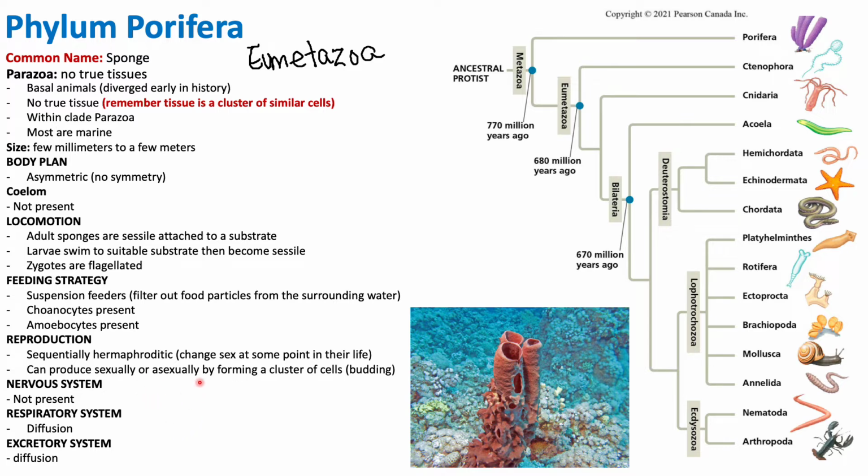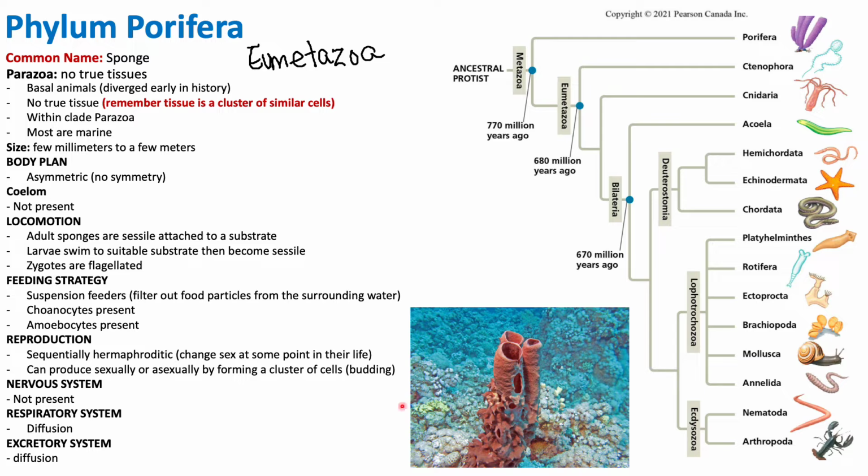For asexual reproduction, we can form another sponge through budding. Budding is essentially when you have that parent organism and you see a cluster of cells begin to propagate from that parent organism. Once that propagation of cells continues to grow, it will detach itself and we will have a new Porifera.